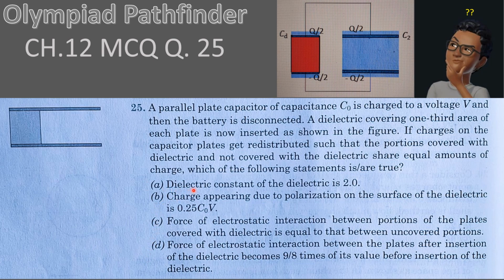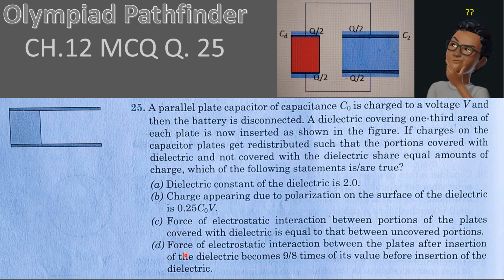So option A is dielectric constant of the dielectric is 2. First we will work on this. Then we will move further for B, charge disappearing due to polarization on the surface of the dielectric is 0.25 C0 V. Then we will go for option C, that is force of electrostatic interaction between portions of the plates covered with dielectric is equal to that between uncovered portions.